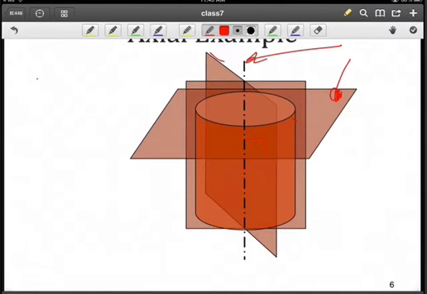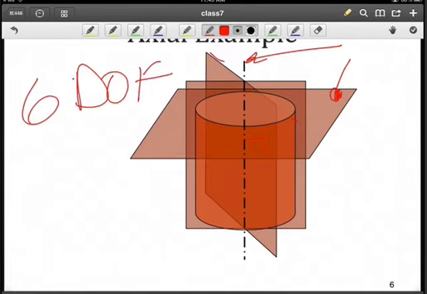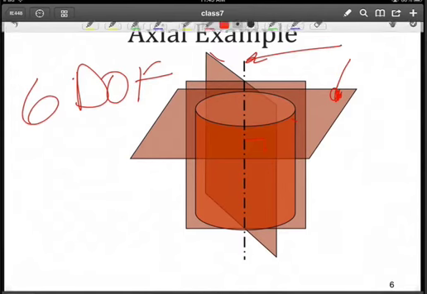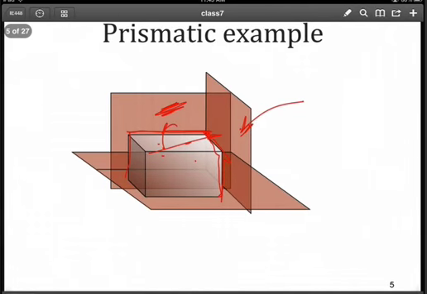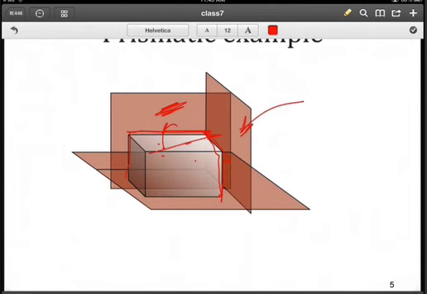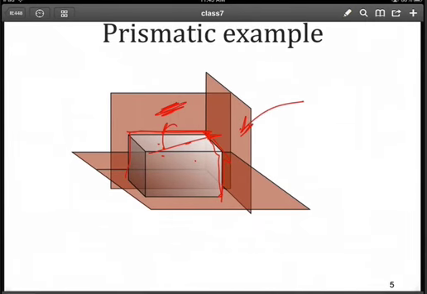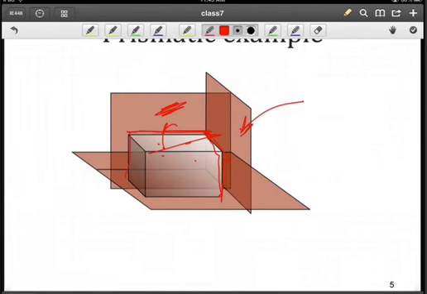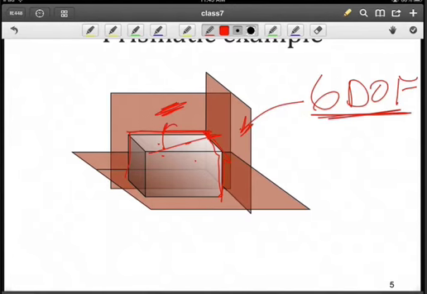So the million-dollar question here is, and I should have asked that previously, maybe let's go back and do that for this example. The question here is, have we constrained all 6 degrees of freedom with this datum reference frame?